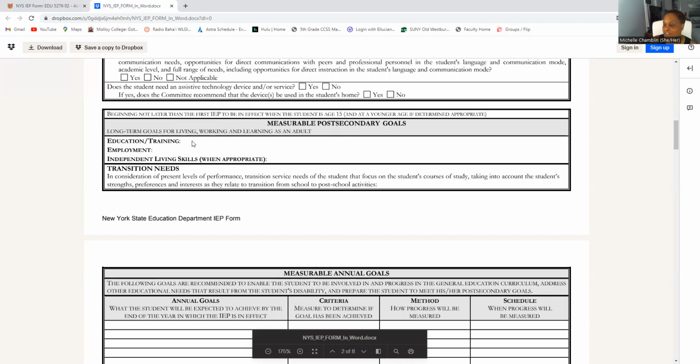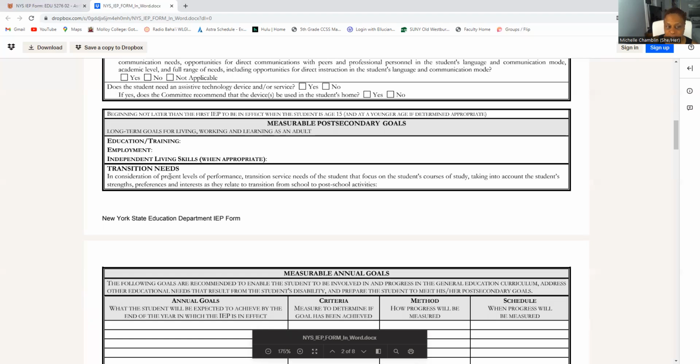Perhaps we have a student who may be college bound, community college bound, or bound for culinary school or a trade, or a student who wants to be in an independent living group home. There are so many different paths and pathways for students, but we need to plan for them and help the students transition from school to adult life.